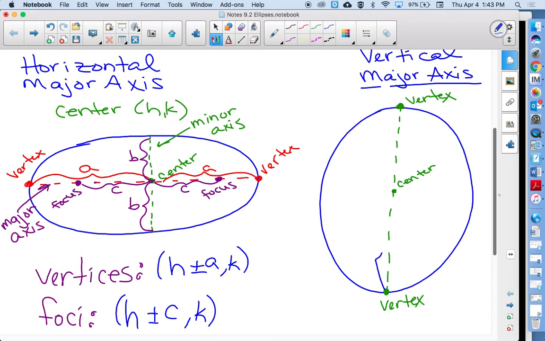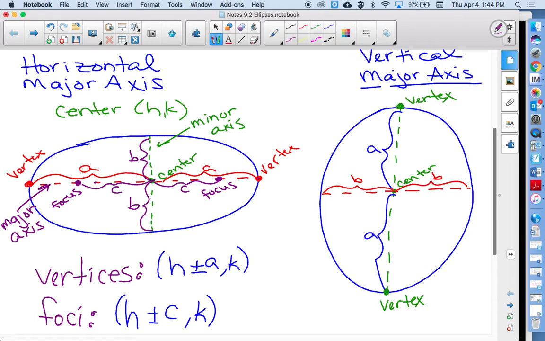And then that distance is A. The other way, now left and right, the width to go from the left and the right is B. So B would be always the other direction to get you how wide it is, how tall it is, depending on which way you're looking, graphing.